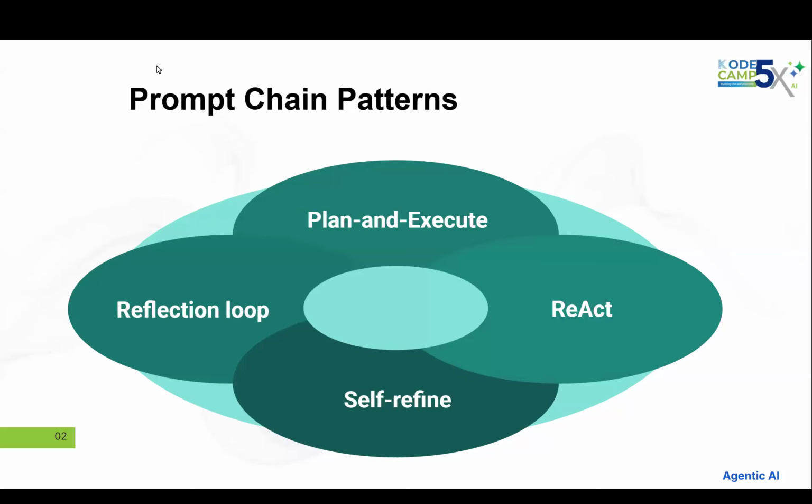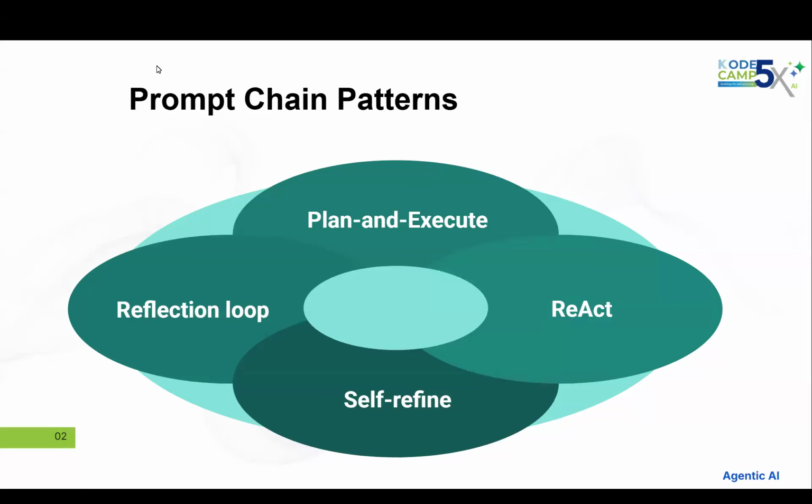That's a separate task. And you have another prompt to say, based on this plan, execute that generated plan to achieve the task. So you have a plan generation step and a plan execution step.